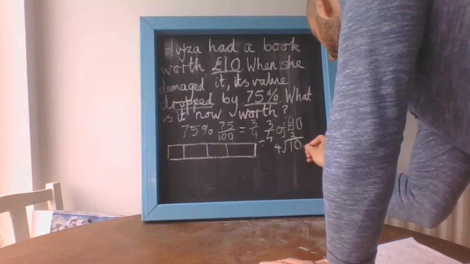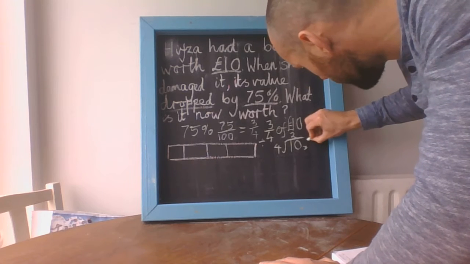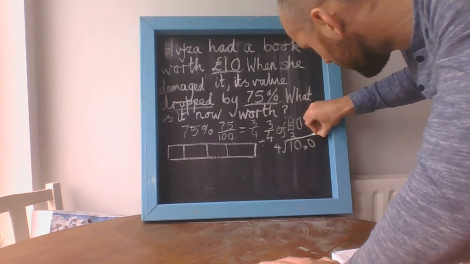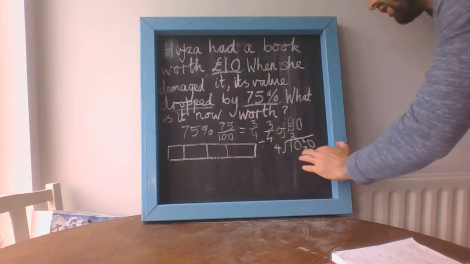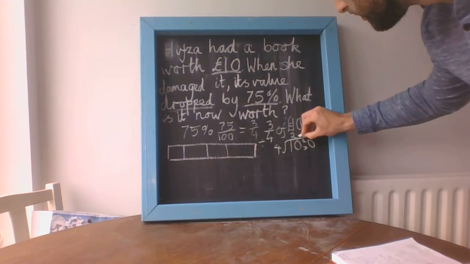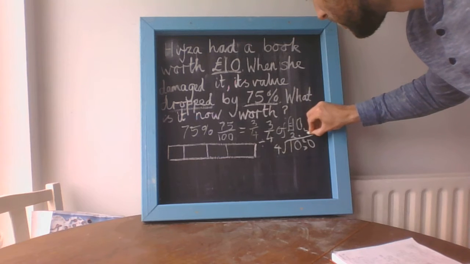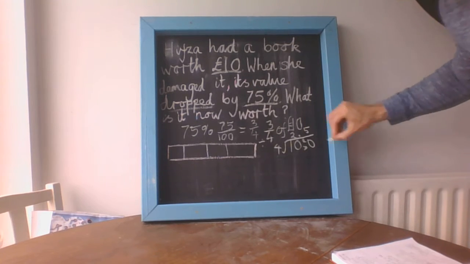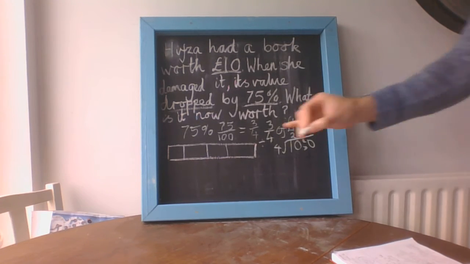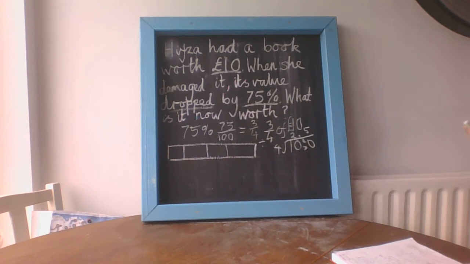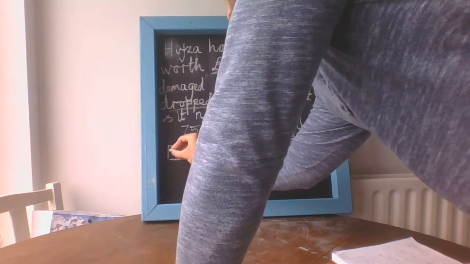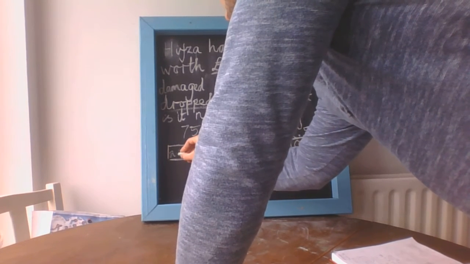We use a decimal point. I put my 0 into place, and I carry the 2 remainder. And 4 will go into 20 5 times. So each quarter is worth 2.5, or £2.50.